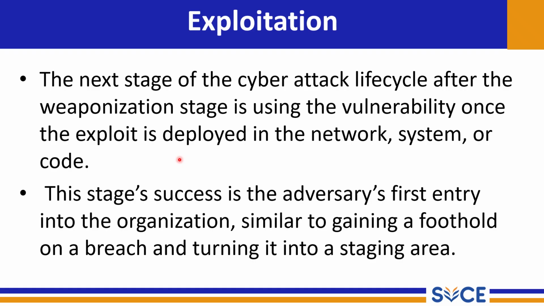If you take some examples, like exploit kits, you can go for it. Attackers often use exploit kits, which are pre-packaged tools designed to automate the process of finding and exploiting vulnerabilities on a victim system.